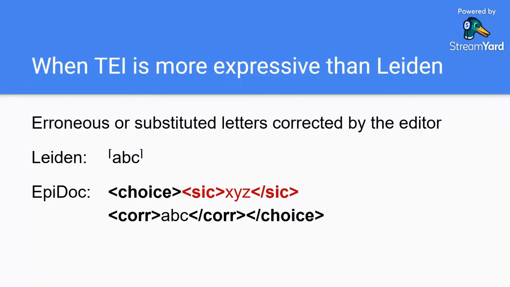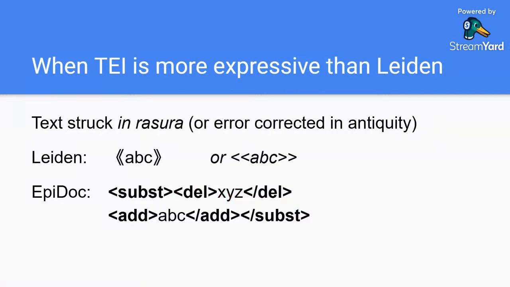Because while EpiDoc can be more expressive than Leiden, sometimes we can't be that expressive if all we have is the example that Clara gave of, we have an earlier editor who has given us a transcription of this inscription, but we don't have the stone. We may not know what wasn't in the Leiden, right? So we can omit the things that are not there.